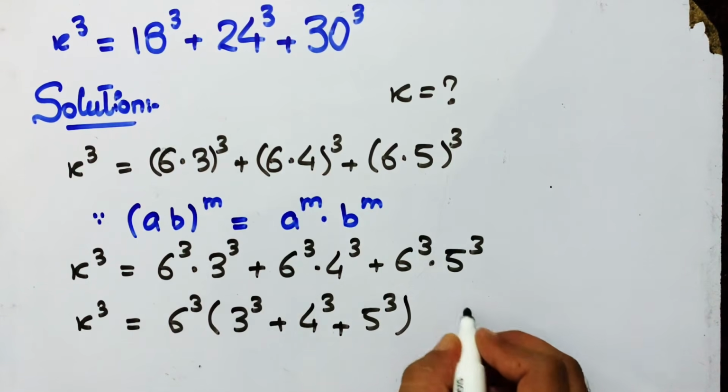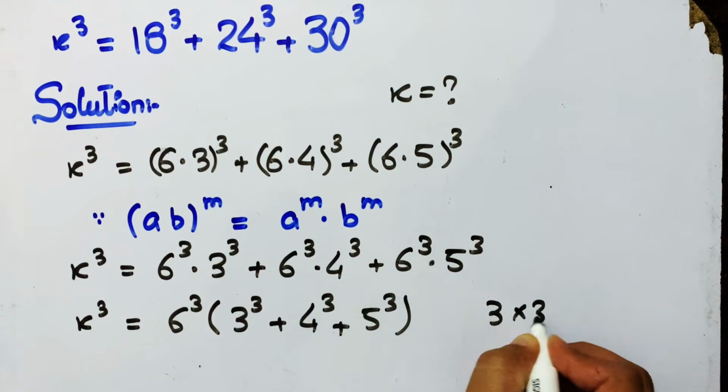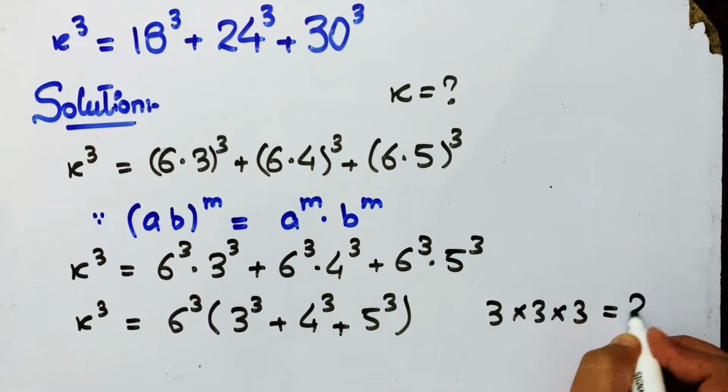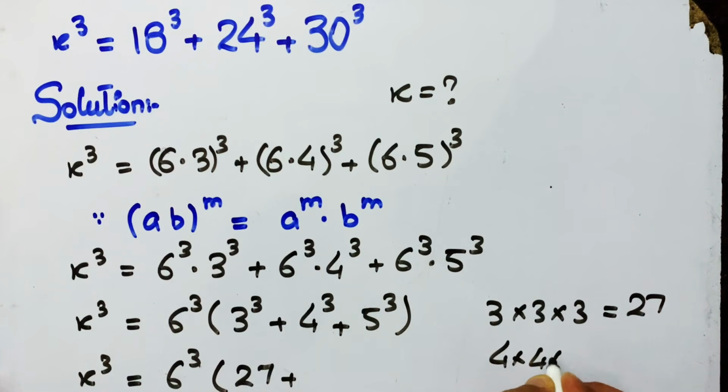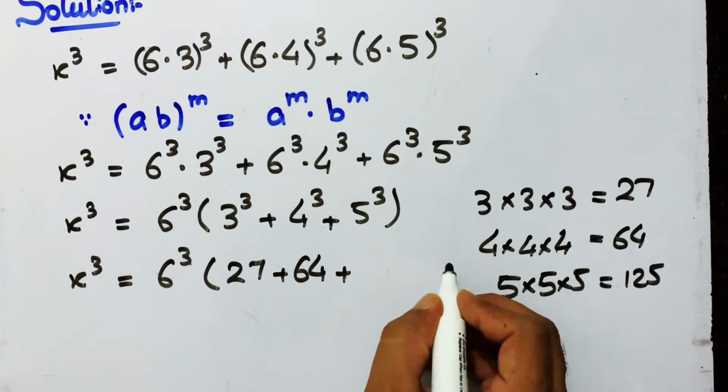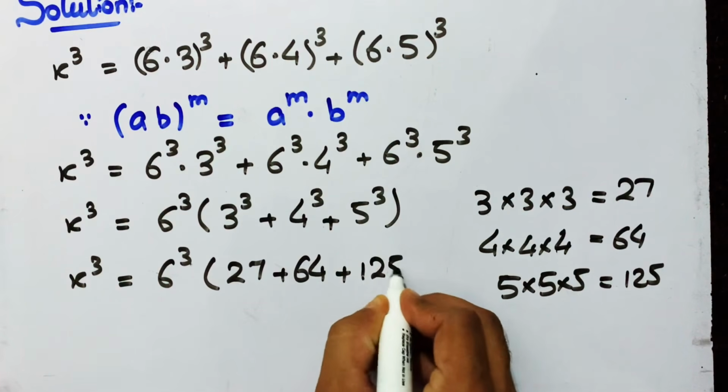3 cubed is 3 times 3 times 3, which equals 27. 4 cubed is 4 times 4 times 4, which equals 64. 5 cubed is 5 times 5 times 5, which equals 125.